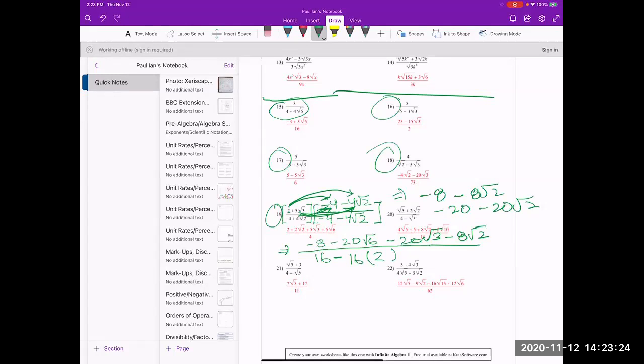Let me think. Root 6 actually. Root 6, yeah. Minus 20 root 3. There you go. That's the reason why. Yeah, minus 20 root 3 and minus 20 root 6. Okay.